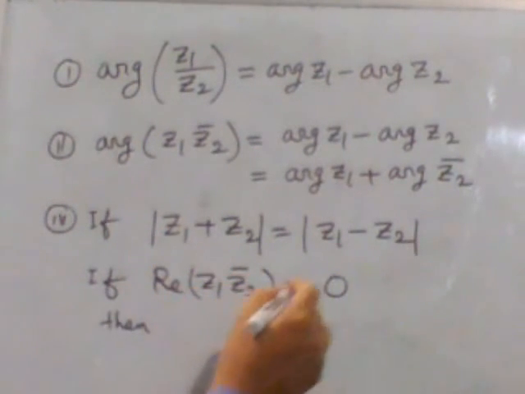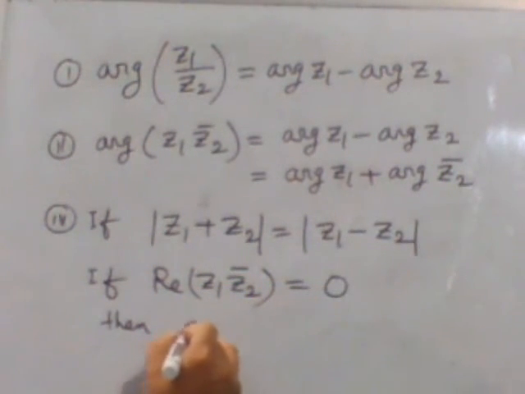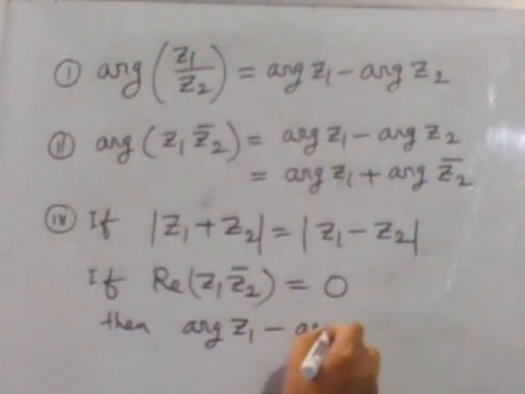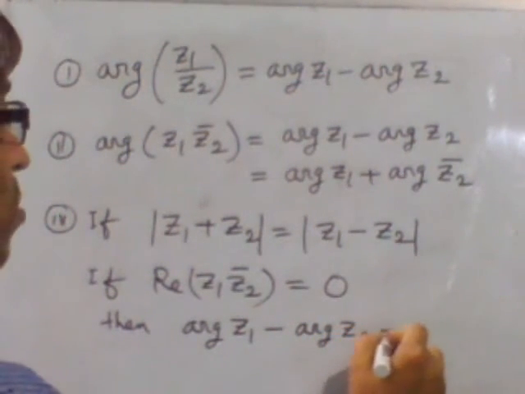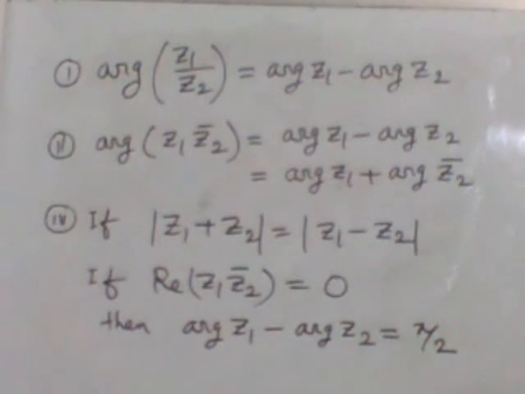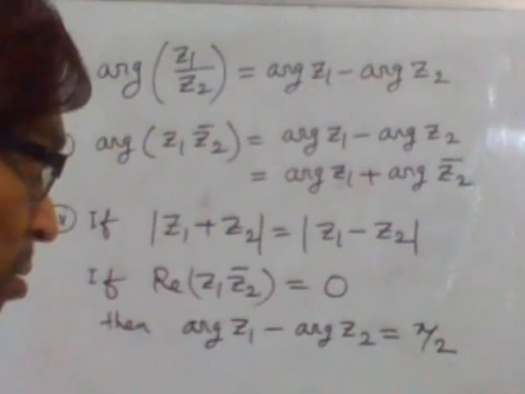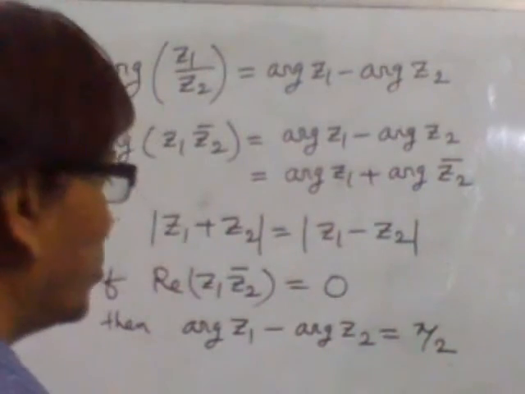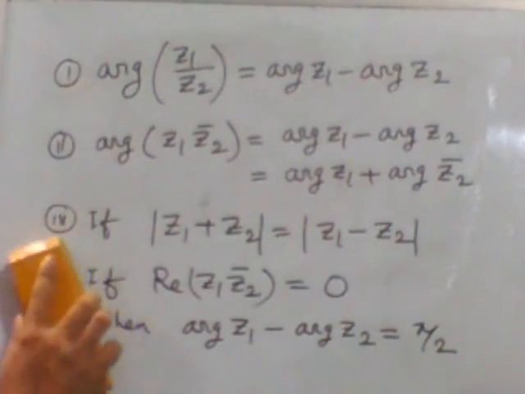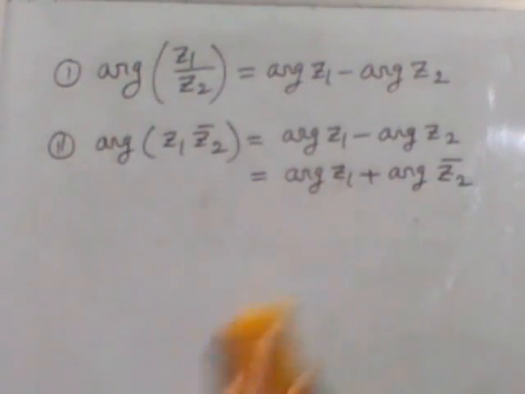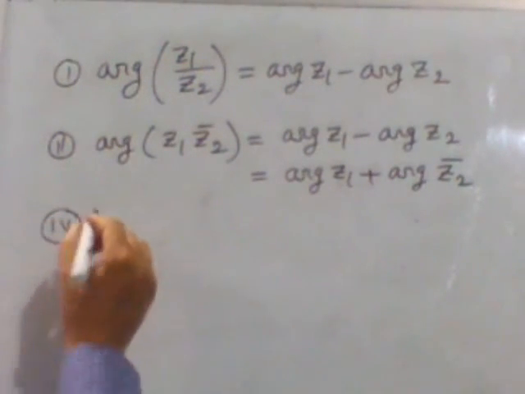That is, if real part of z1 z2 bar is equal to 0, then argument z1 minus argument z2 will be equal to pi by 2. So the angle between them will be pi by 2. This is one property, and another property, the last property, is this: property number 4.